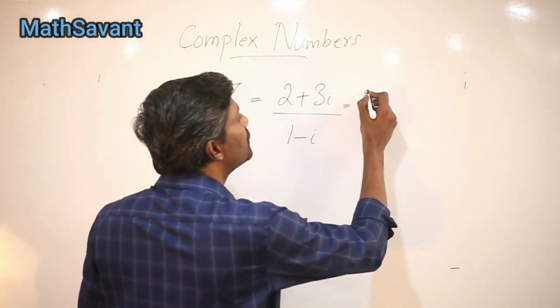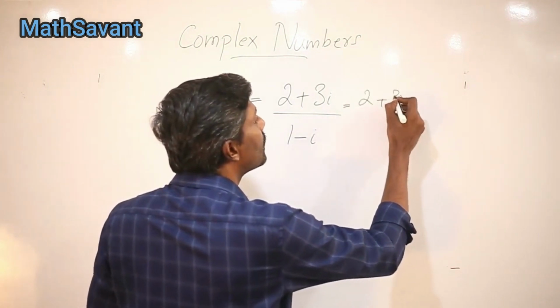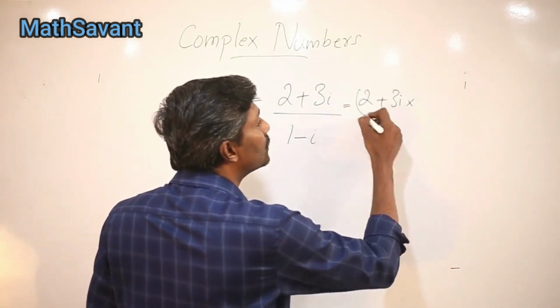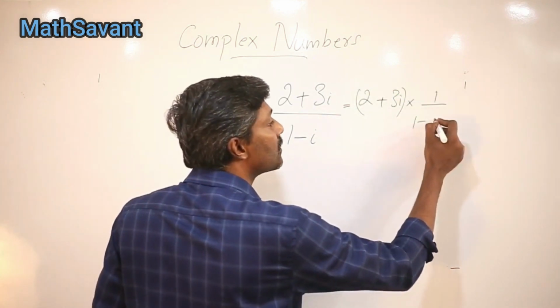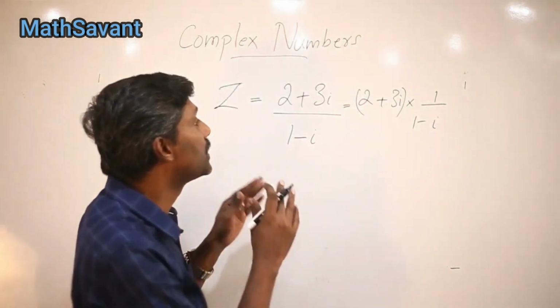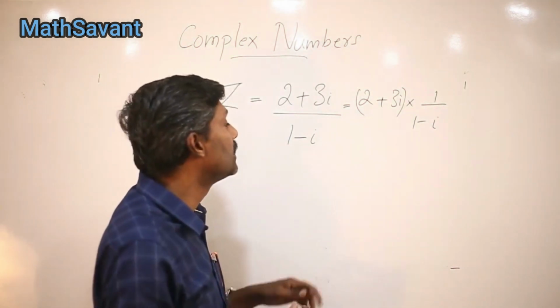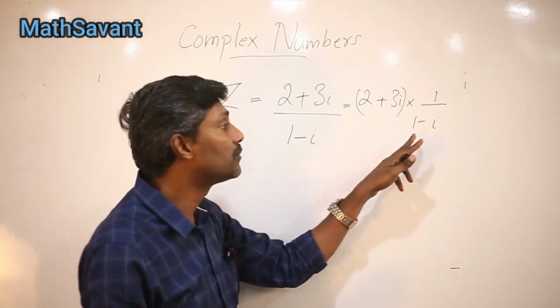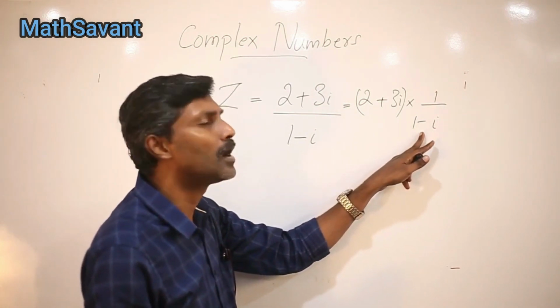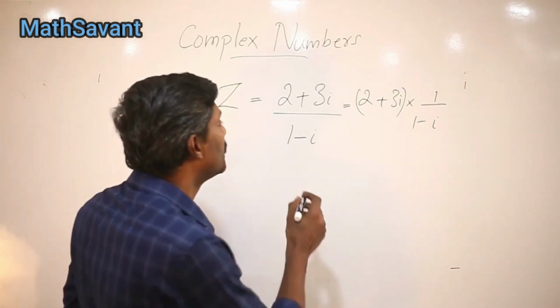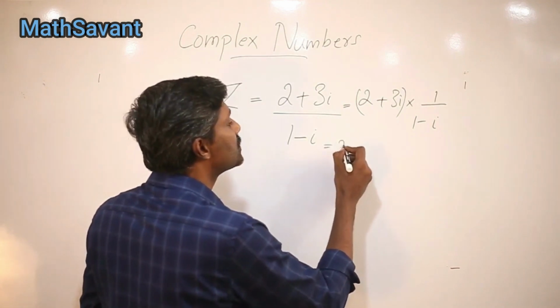So this will be 2 plus 3i into 1 by 1 minus i. Let the numerator be right there, 2 plus 3i, and this we write as 1 divided by 1 minus i. So this is nothing but the multiplicative inverse of 1 minus i. How do we solve this?